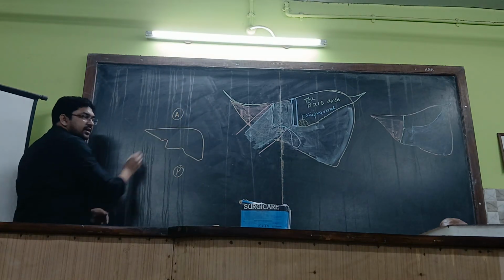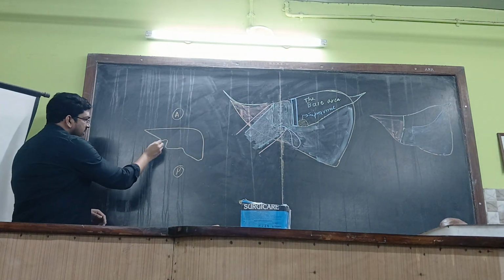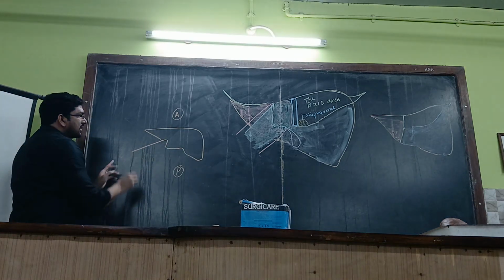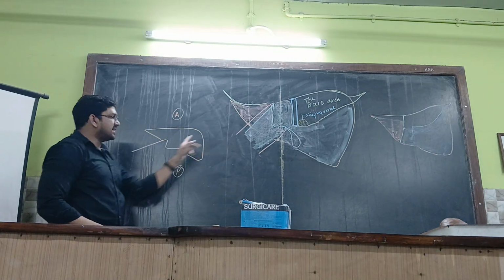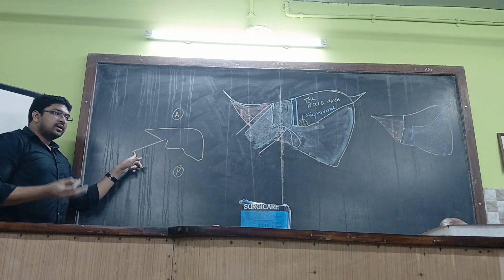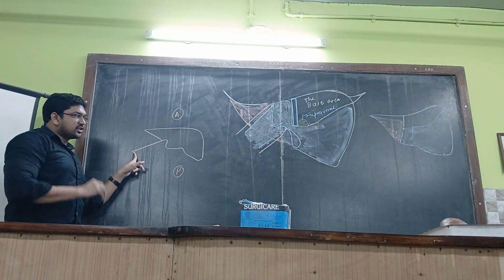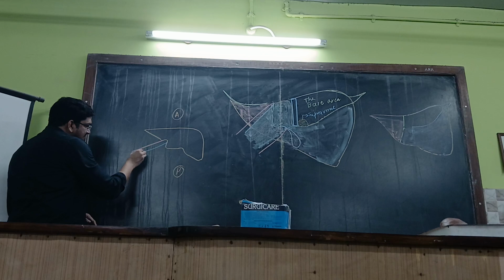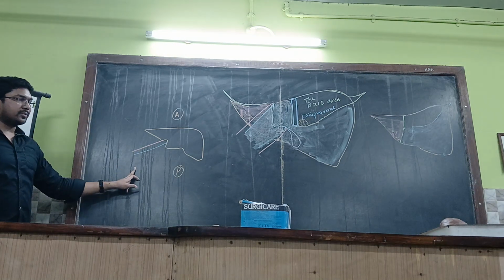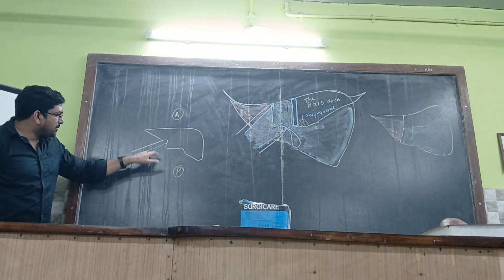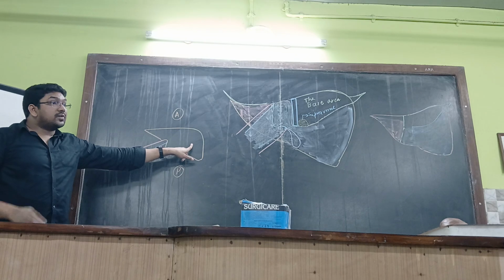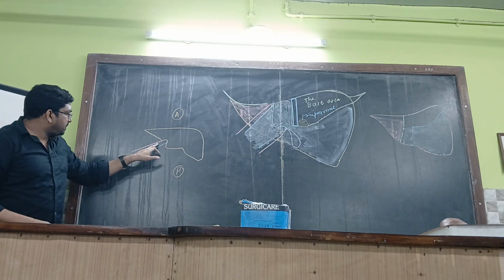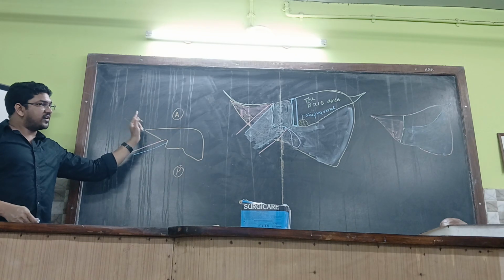This is the fissure for ligamentum venosum, from where the anterior layer, the pink color layer, is reflecting as the anterior layer of the lesser omentum, and the blue colored layer is reflecting as the posterior layer of the lesser omentum. This posterior belongs to the right layer of the falciform ligament, but the pink color belongs to the left layer of the falciform ligament.